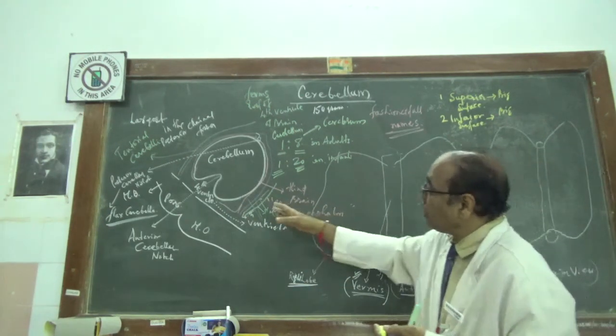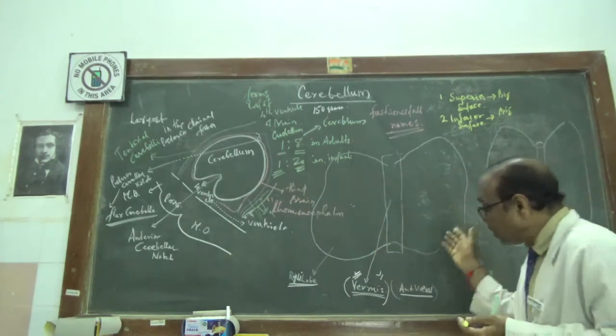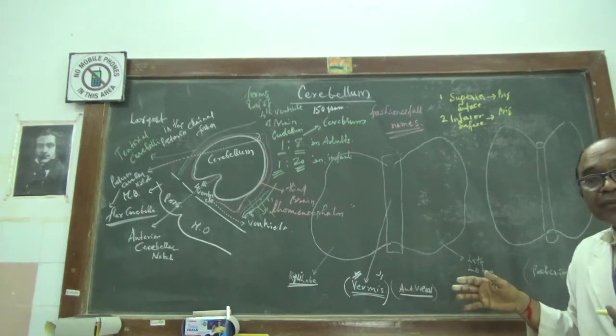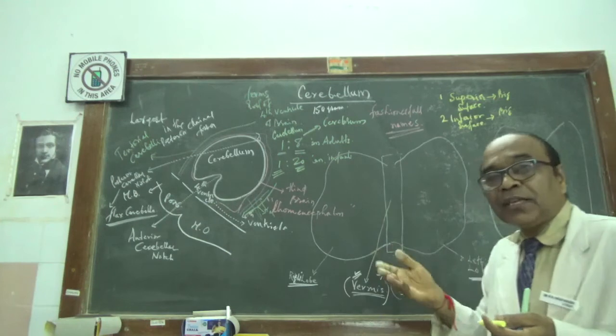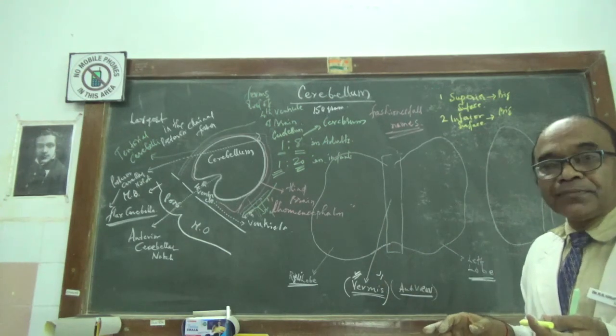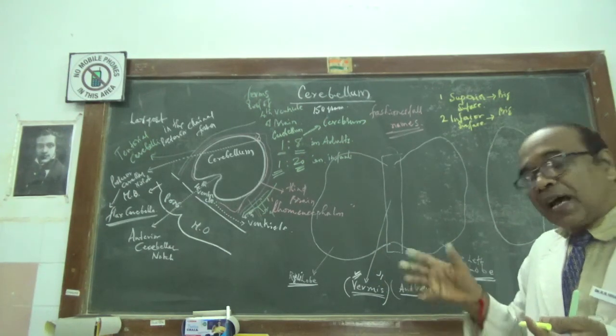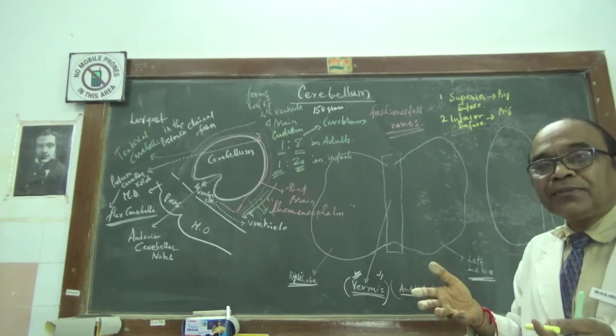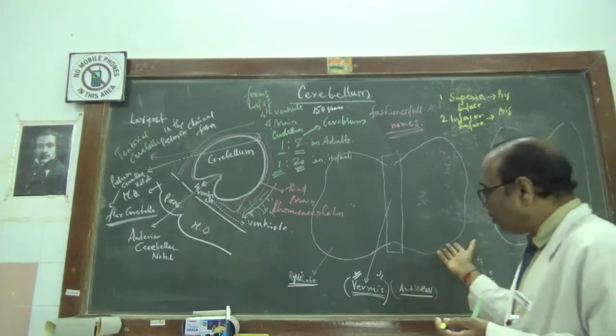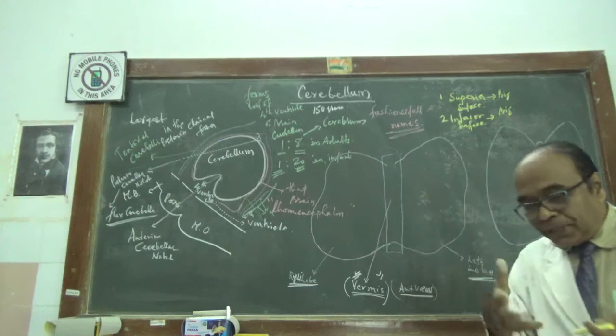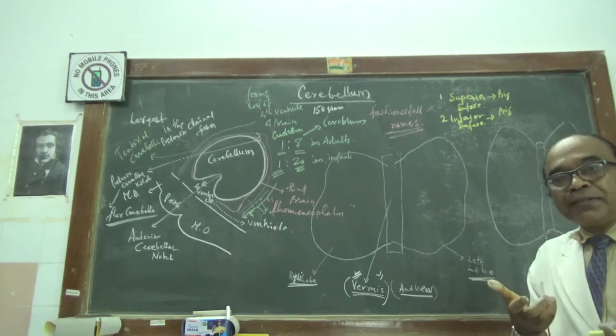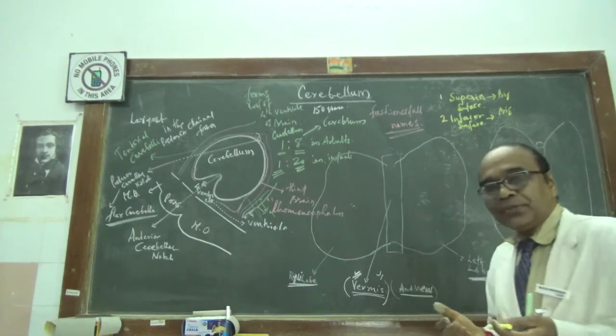Now this inferior surface, especially for the lobes, has the elevated part of the gray matter and the indentations known as the fissures at the lobes, and it also has the median indentation known as the vermis.